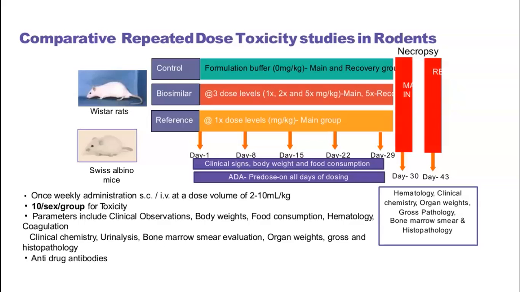On day 30, we can sacrifice those animals for necropsy. For the recovery group of animals, especially the control group and the high biosimilar dose group, on the 43rd day we can go for the recovery group necropsy. Again, we have to do hematology, clinical chemistry, and organ weights towards the end, at necropsy, for both main and recovery groups. So this is, in a nutshell, the toxicity design.